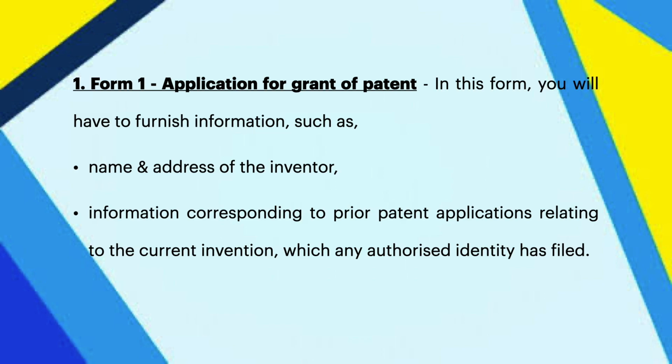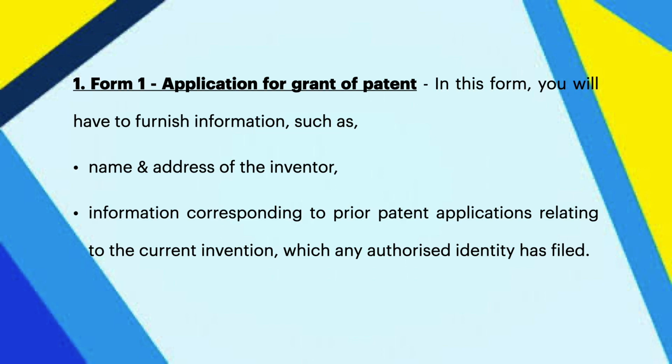I repeat, if your invention is product A, in this form you will also need to provide the details if anybody has filed a patent for the same product that you have invented today. These are your basic details.